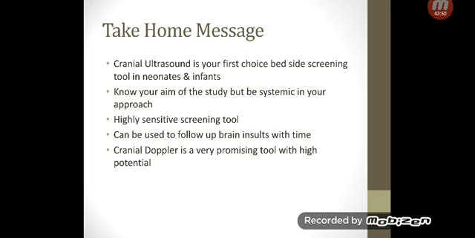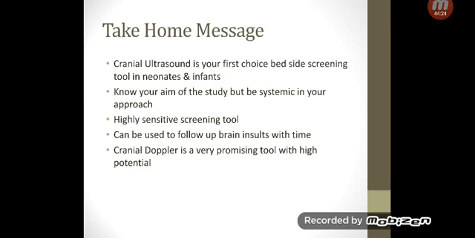You're not a radiologist, you're not a walking CT, you're not expected to find everything, but at least you can pick up what you need, like overnight if you're stuck, not having the feasibility to move a child who is really critical. So at least you know what you can aim for with your study, what you're looking for. But if you're good enough and you gain experience, the cranial ultrasound can be a highly sensitive screening tool.